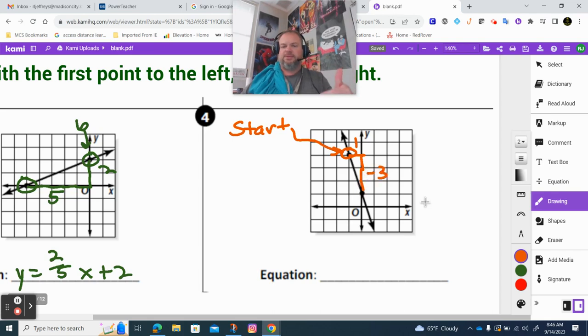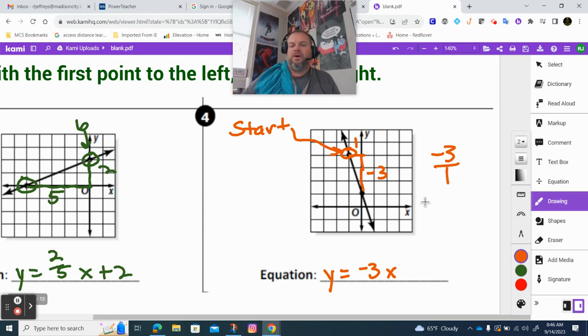So I went down 3. So since I went over 1 down 3, my slope is actually negative 3x. If you happen to write negative 3 over 1, do you think I'm going to count off? No, because guess what? Negative 3 and negative 3 over 1 are the same thing, just written differently. It's like having a nickname.